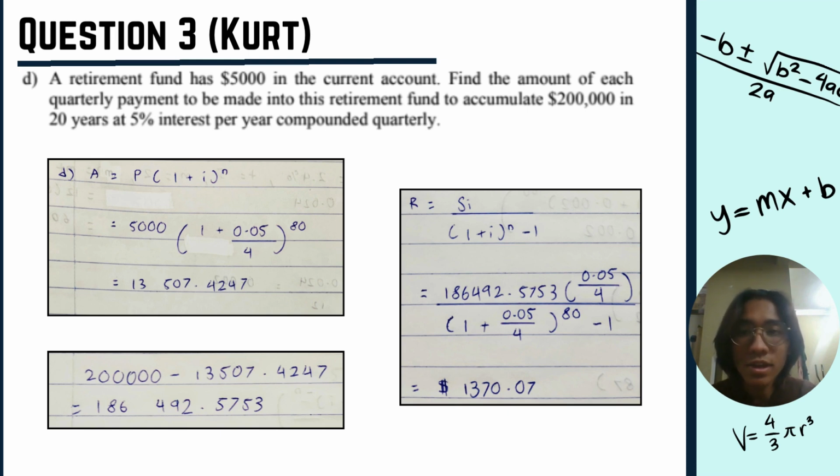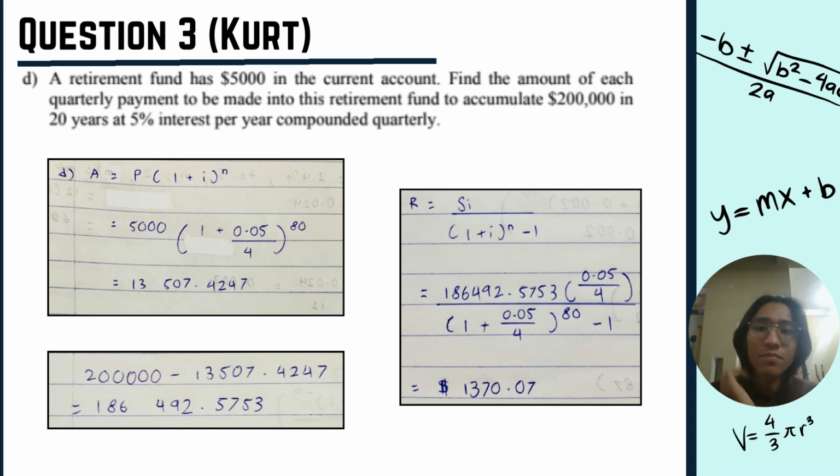So to find A, I use this formula, which is A equals P(1 plus i)^n. I just put the information from the text into the formula below. As you can see, 5,000 in bracket 1 plus 0.05 divided by 4, and then n is 80, and then you get a total of 13,507.4247.